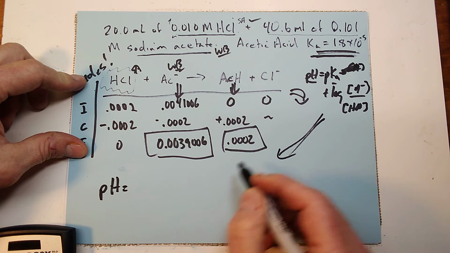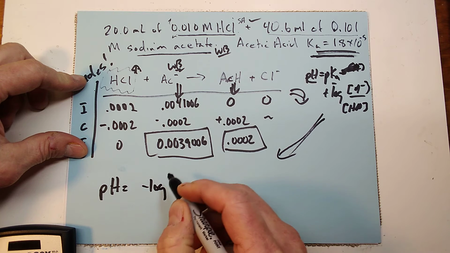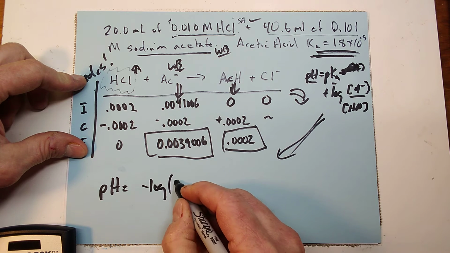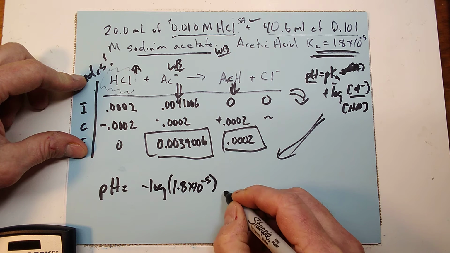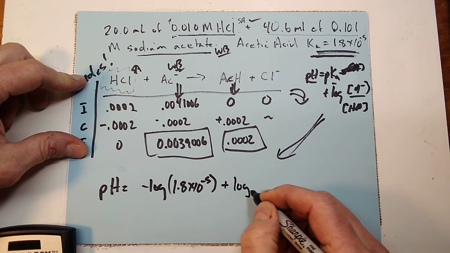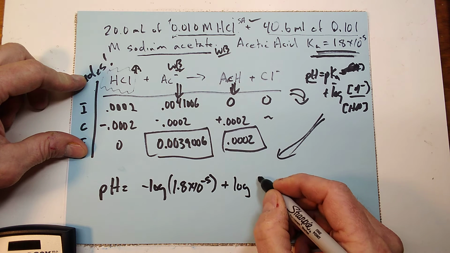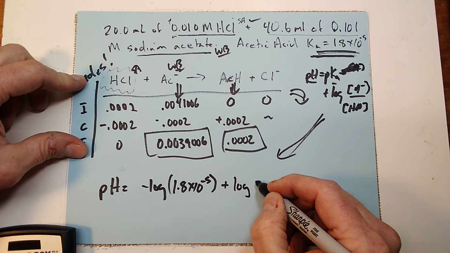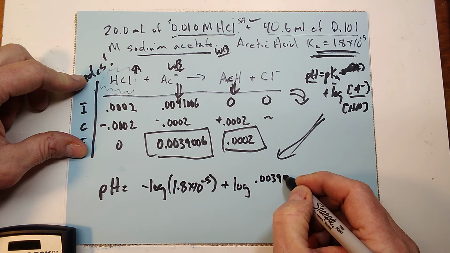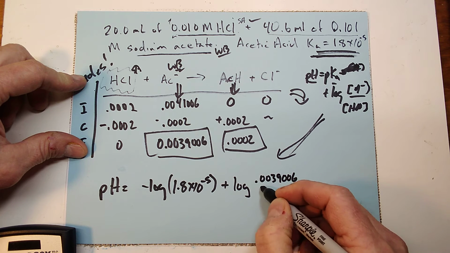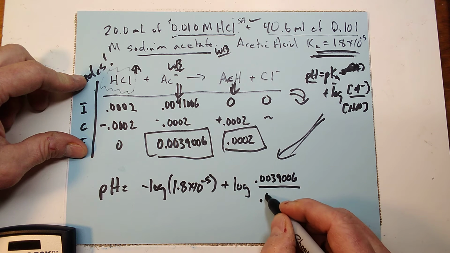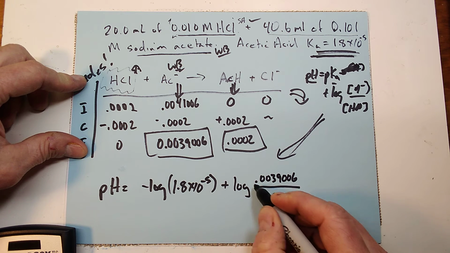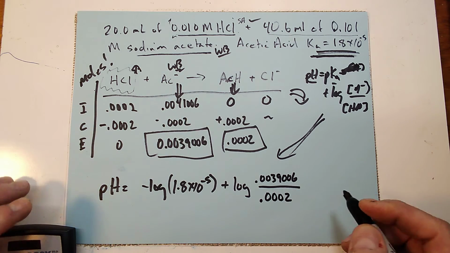So pH is going to be equal to the negative log of our Ka, which is 1.8 times 10 to the minus fifth, plus the log of A minus, which in this case is 0.0039006 over the concentration of HA, and we'll be able to find our pH.